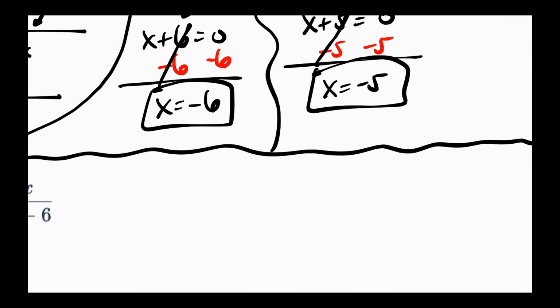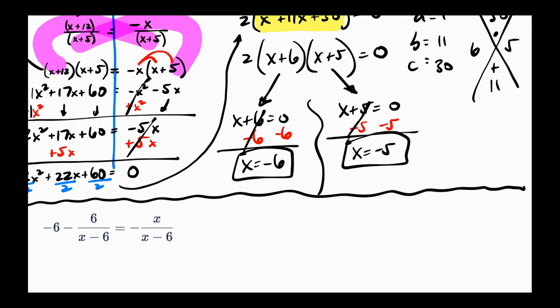If you don't believe me, ask your calculator. Divide by 0 and your calculator will say error. So that means this one here is extraneous, so we don't include that in our answer. We just include -6. One box, -6, enter, enter, you're done.